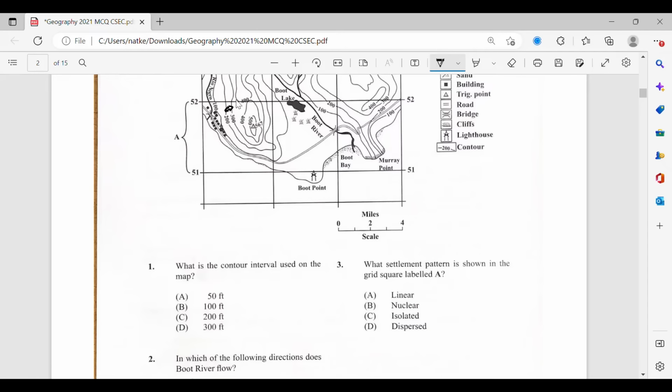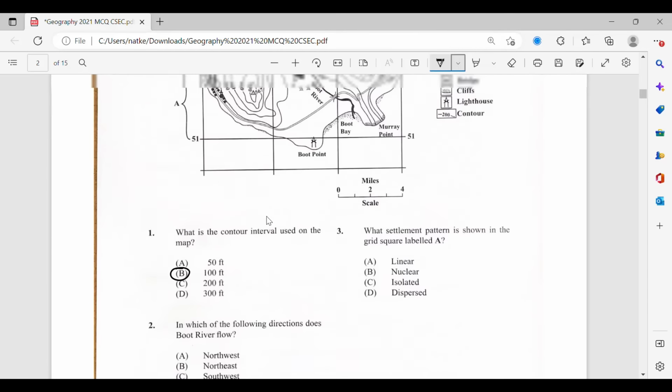So we know what contour lines look like. We know the numbers on the contour lines. We're seeing 200, 300, 400, 500, and so on. So we already know that the contour interval there would have been 100 feet. So that's letter B.